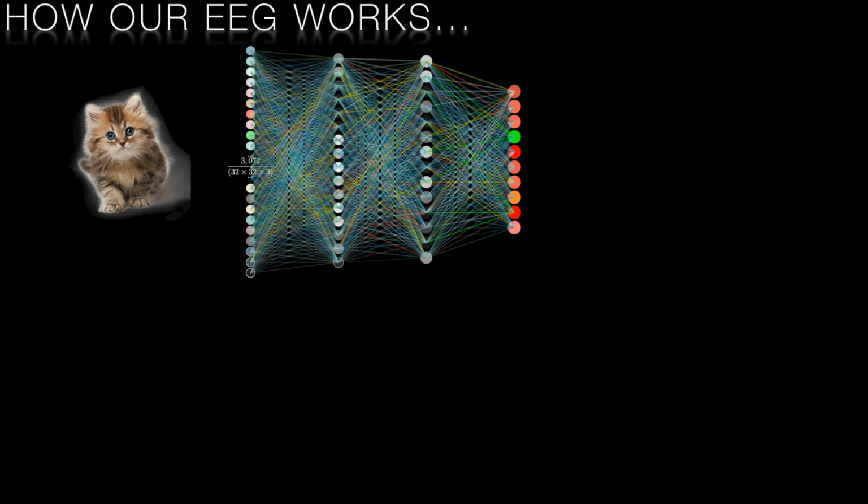Let's remind ourselves why and how our EEG works. Let's start with a trained neural network that recognizes our color images. This is simplified to fit on our screen. The input layer contains 3072 neurons. We have 32 by 32 pixel images, each with a red, green, and blue channel.